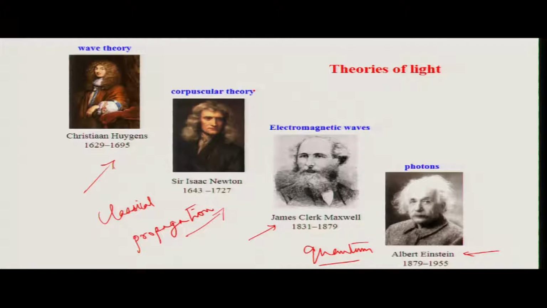Later on, this corpuscular was replaced by particle, and the propagation of electromagnetic radiation is understood in terms of Maxwell's equations. So, all these aspects are quite well preserved in the concept of the laser. The interesting part is the quantum aspect also, which is utilized as we get into the principle of the laser.